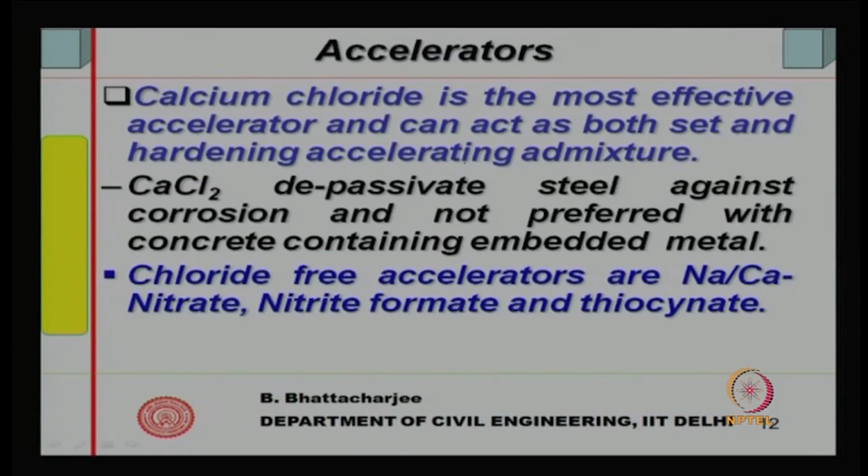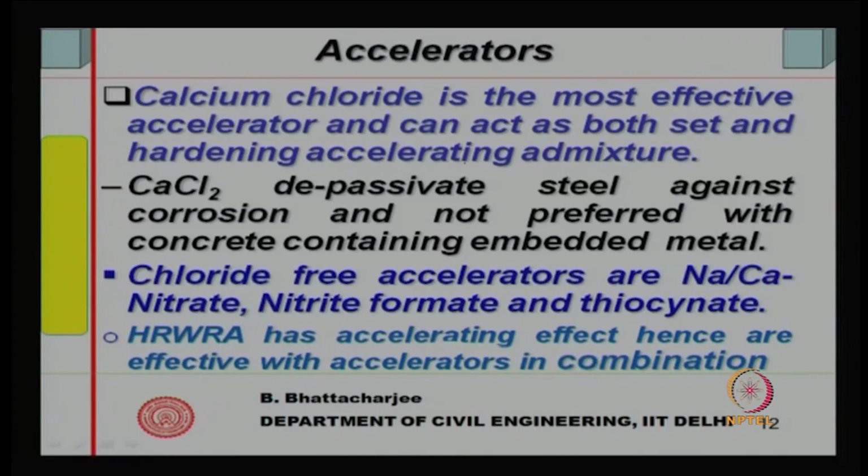These are sodium or calcium nitrite, nitrate, formate and thiocyanates. So, chloride free accelerators like sodium or calcium nitrite, nitrate, formate and thiocyanates are useful in this direction. As we have seen earlier, high range water reducing agent, the superplasticizer, has some accelerating effect, hence they are effective in combination with accelerator.